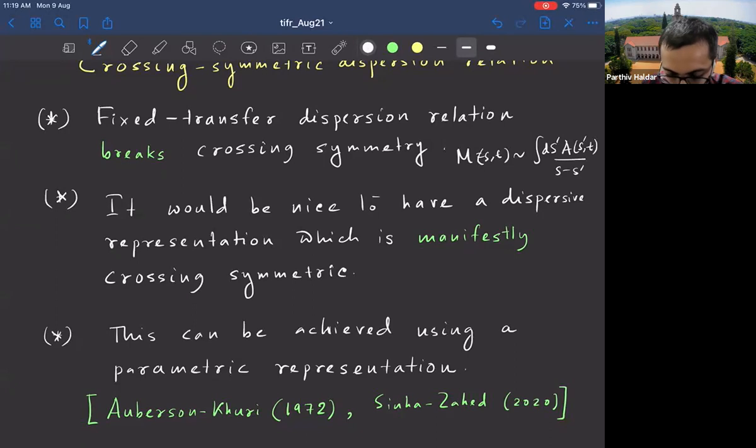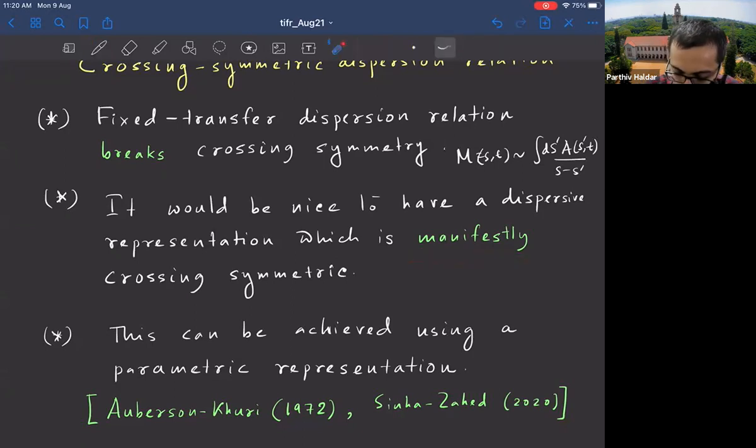So if you want to impose the crossing symmetry, you would have to do it in a non-trivial way, but it's a difficult task. Now, it would be nice to have a dispersive representation which is manifestly crossing symmetric.